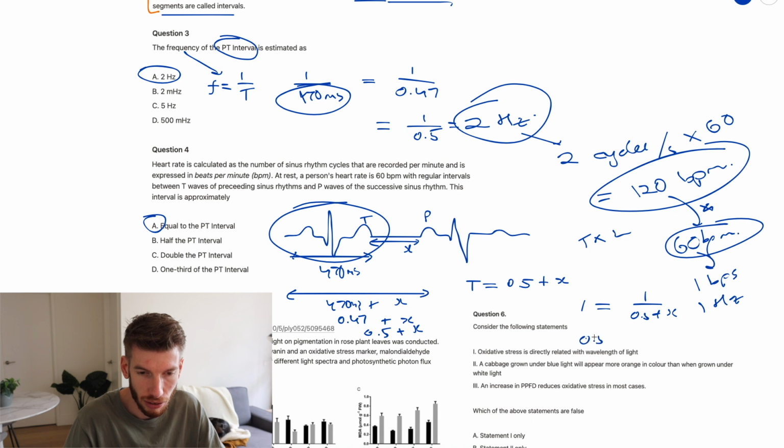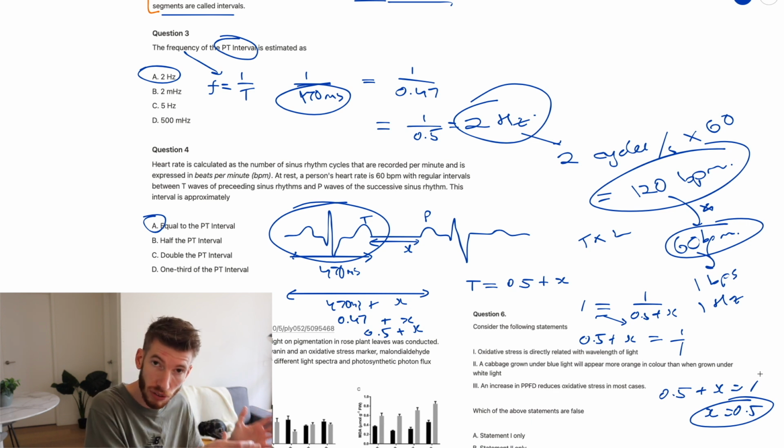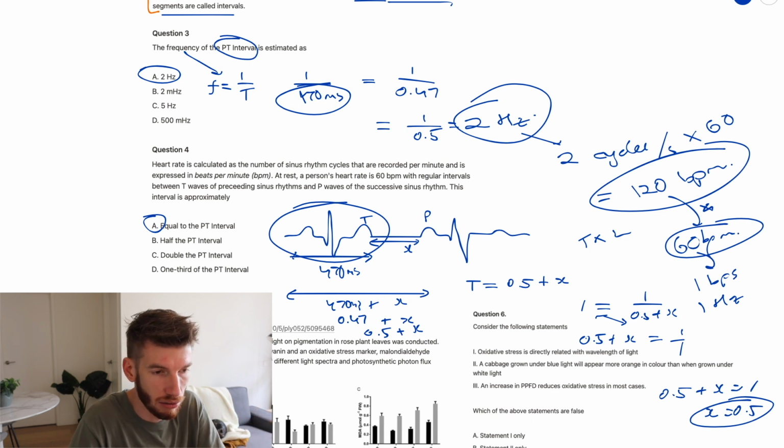And then we can solve this. We can do a switch out here and here, and then 1 divided by 1 is 1. So 0.5 plus x is equal to 1. So therefore x is equal to 0.5. And you can see if x is 0.5 seconds and the PT interval was 0.5 seconds, well then it means that it's equal to the PT interval, like that.